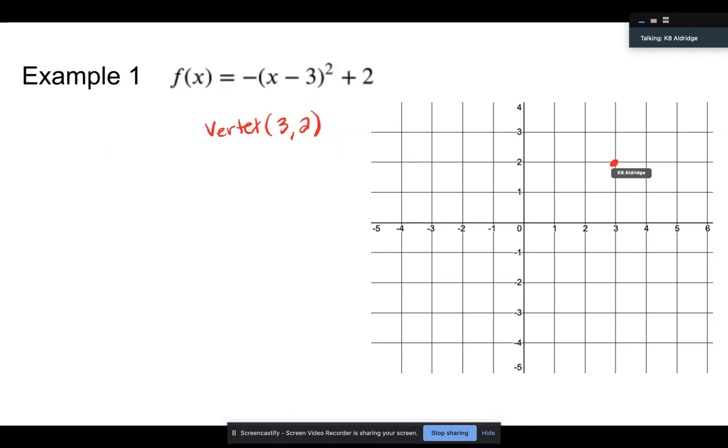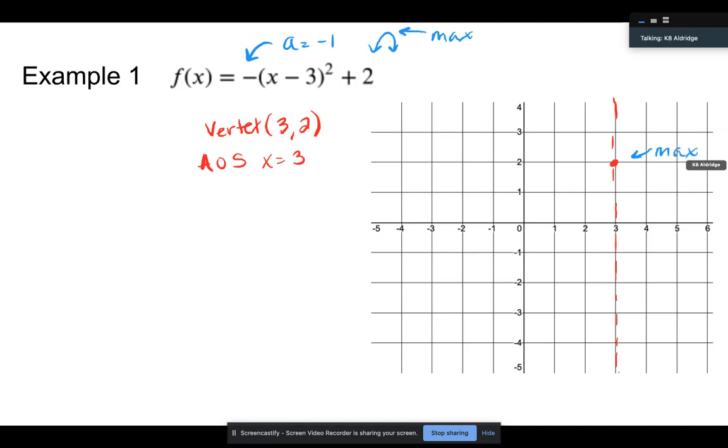We know because this is our vertex that we have an axis of symmetry at x equals 3. That's amazing. We also know that our a value is equal to -1. So it's going to open down, meaning that that's our maximum point.